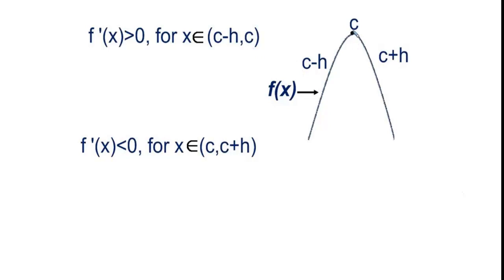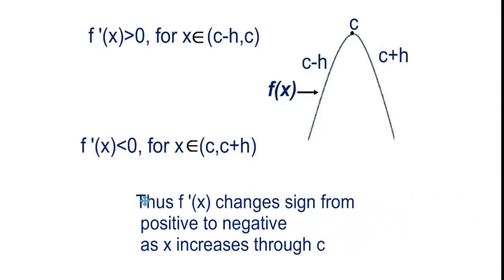Similarly, since the function is decreasing in the right neighborhood, that is in the interval (c, c plus h), f dash x will have a negative sign. That is, f dash x is less than 0. Hence, we can conclude that f dash x changes sign from positive to negative as x increases through c.